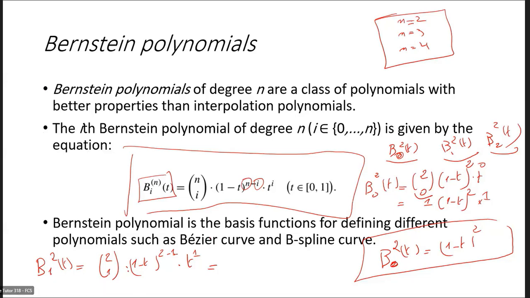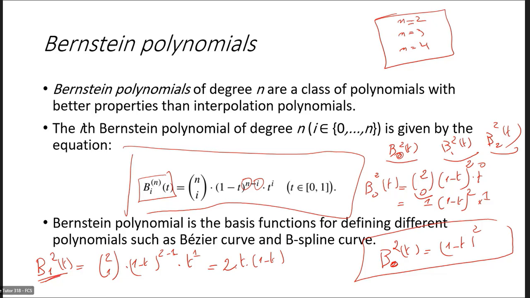Now we have to continue. Here we have 2 times t to the power of 1, which is t, and (1 minus t) to the power of 2 minus 1, which is 1. So this is 2t(1 minus t), the B1,2.